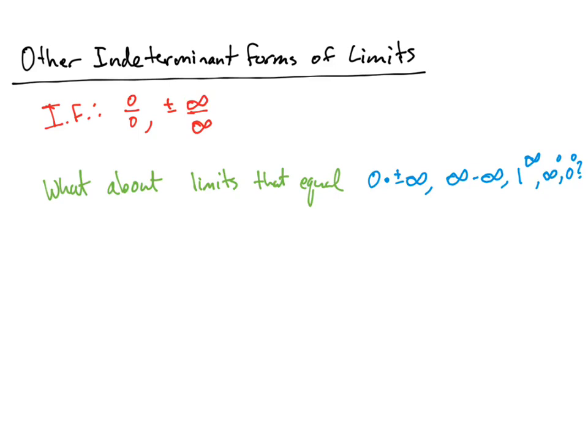And before we get into how we approach these types of limits, I kind of just want to say why these are indeterminate forms. So, for example, 0 over 0. When we're first learning about division, we know that anytime we have 0 divided by some number a, that is always equal to 0.